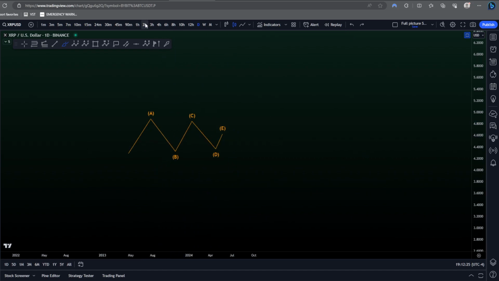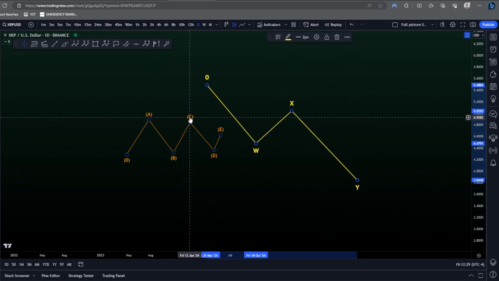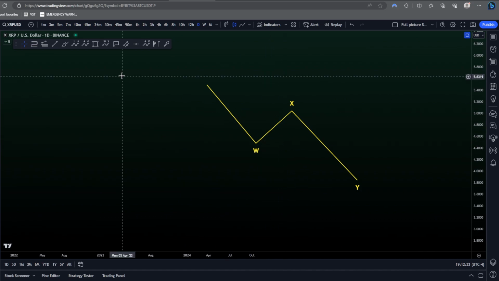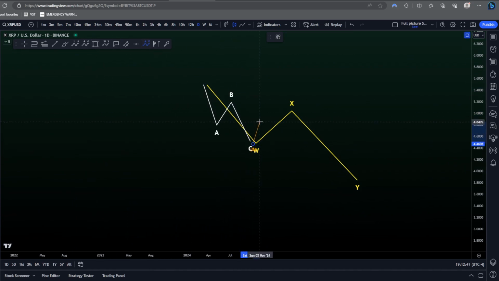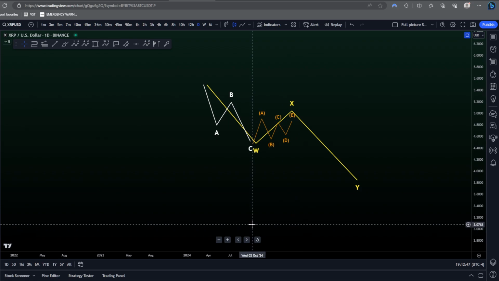Now, your WXY waves, right? WXY, your double corrections. Very easy to remember. Let's say the first correction, we have an ABC. The second correction, we have a triangle. Look at that.